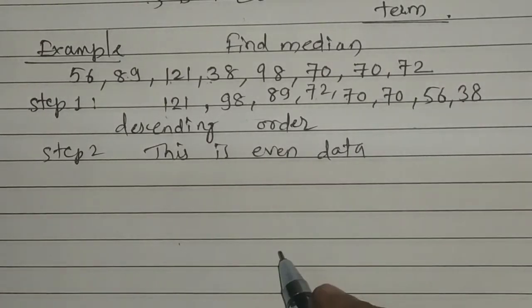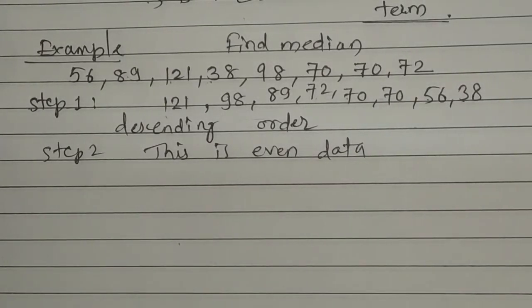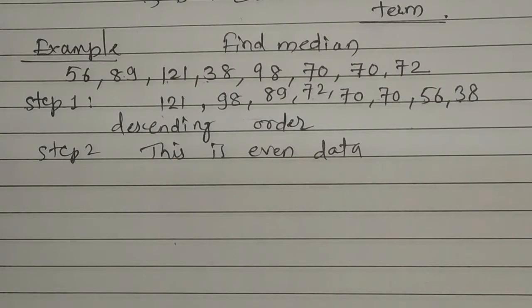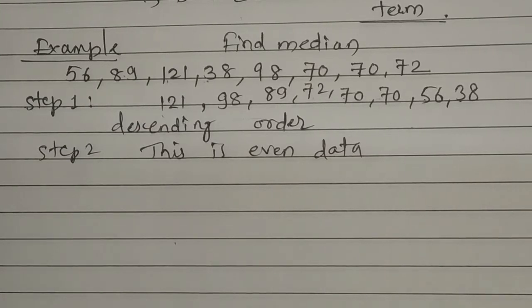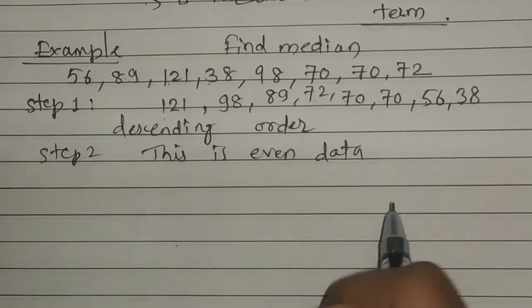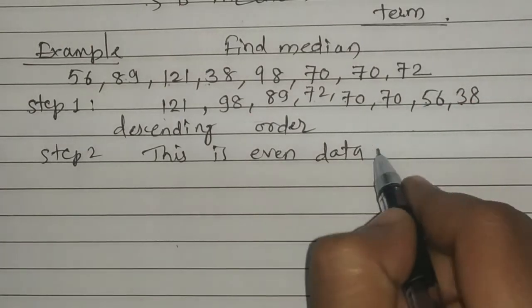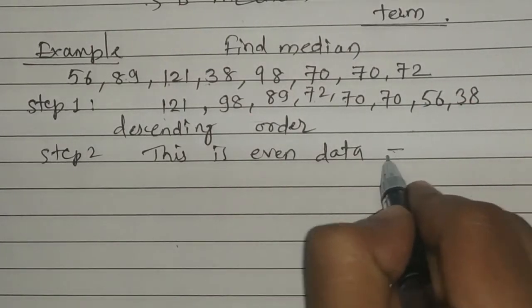In even data, you don't have any particular middle number. So when the number of data is even, then the mean of the 2 middle scores is the median. Now we don't have any such number which is dividing the data into 2 equal halves. Here you can see this is even data, because a total of 8 numbers are there.